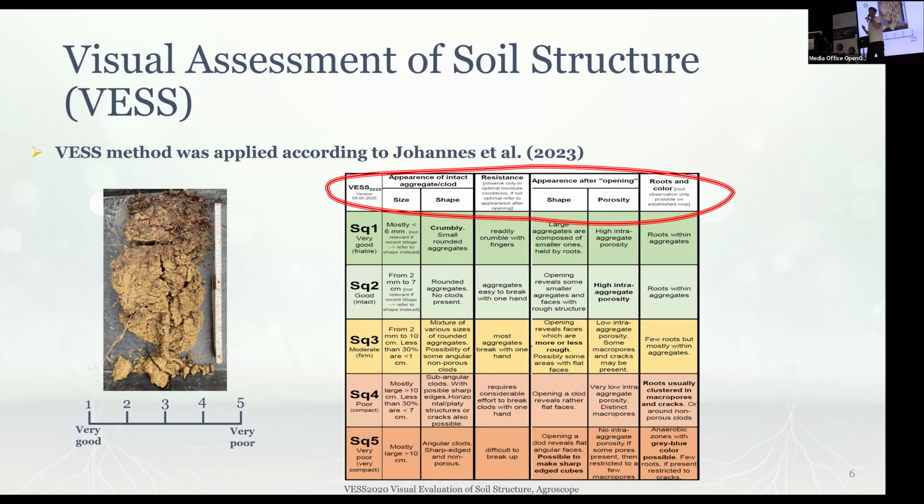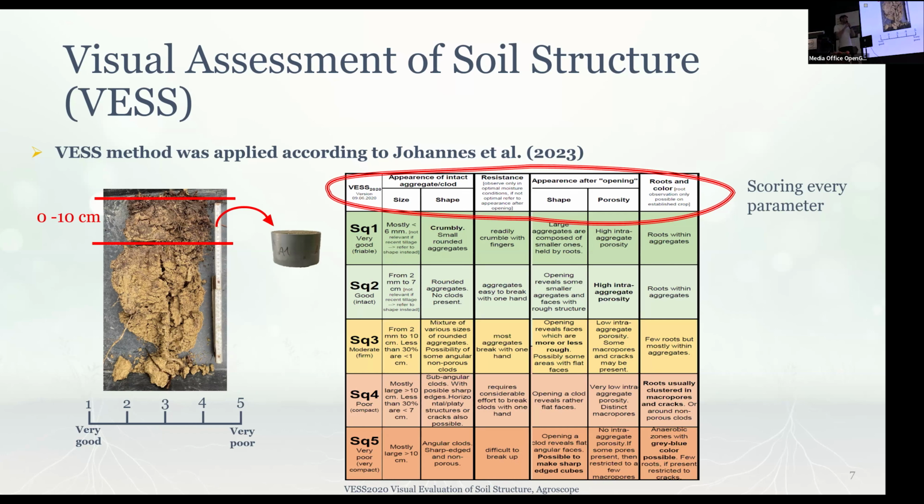Usually, you would do it for the whole block you got out. But since I was taking the samples from the upper 10 centimeters, and to compare with the metrics I got from the other measurements, we scored it just for the upper 10 centimeters.